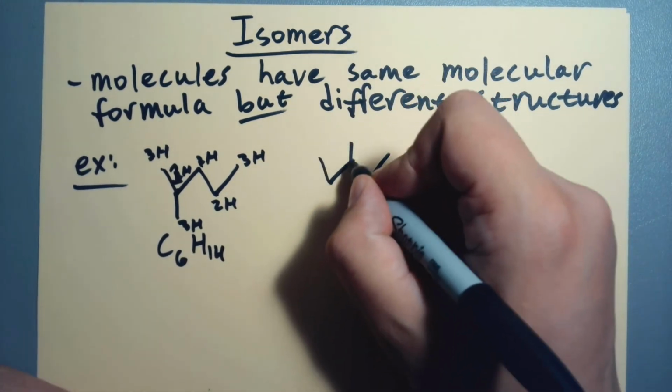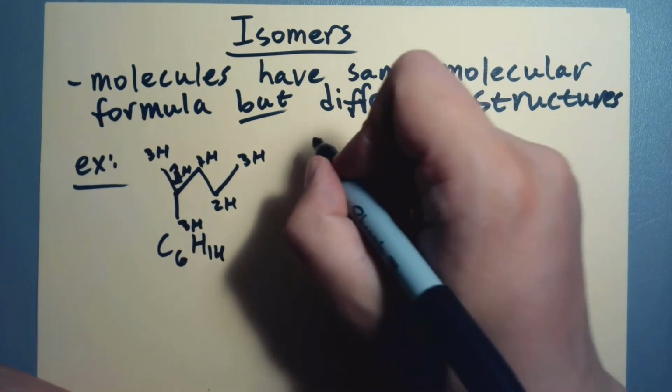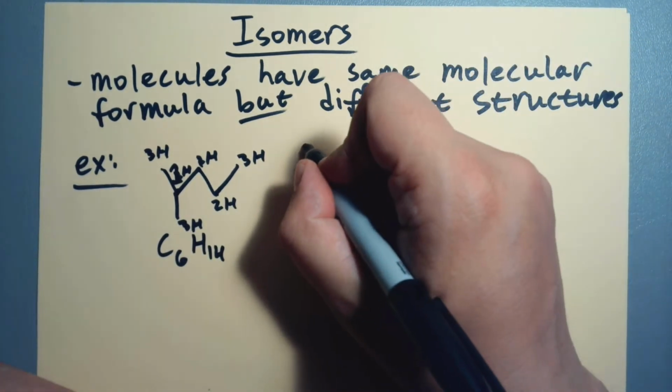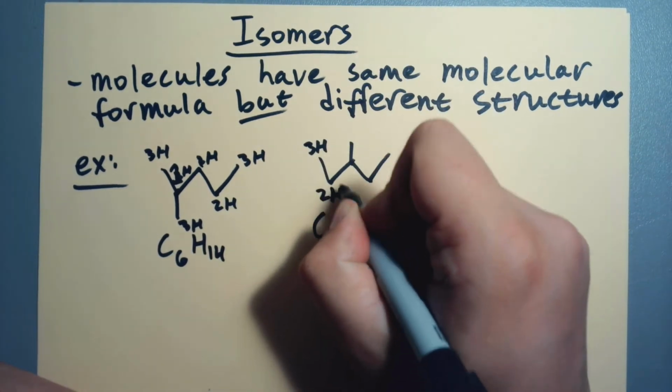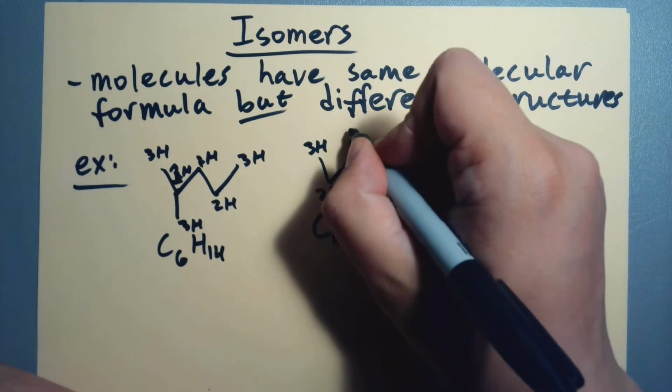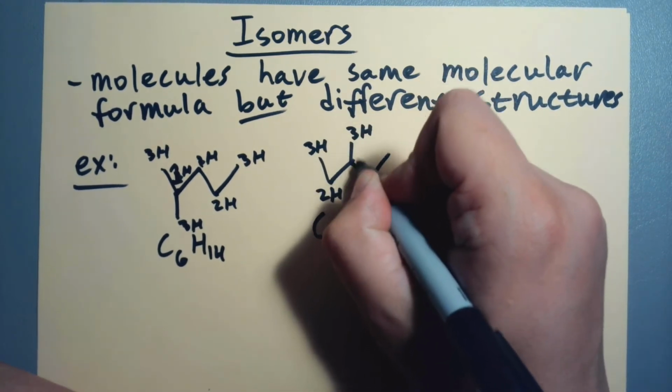Alright, so I've got 1, 2, 3, 4, 5, 6 carbons. And then we just play the same game again. I know I have 3 hydrogens here because I only see 1 bond. I have 2 hydrogens here because I see 2. This guy up here has 3 because I only see 1 bond. But over here I've got 1, 2, 3 bonds.